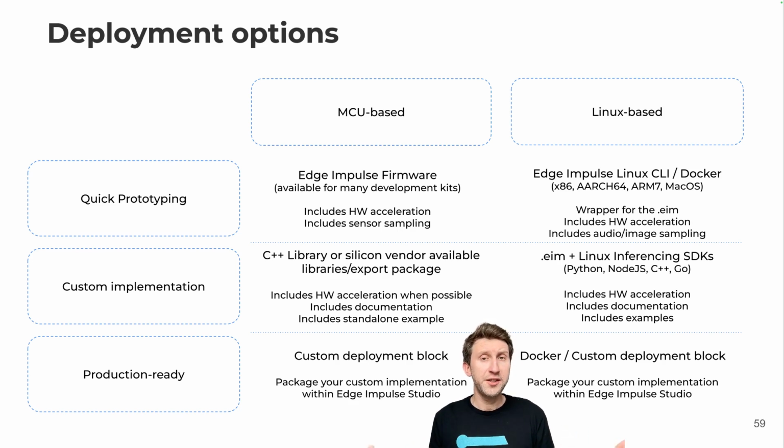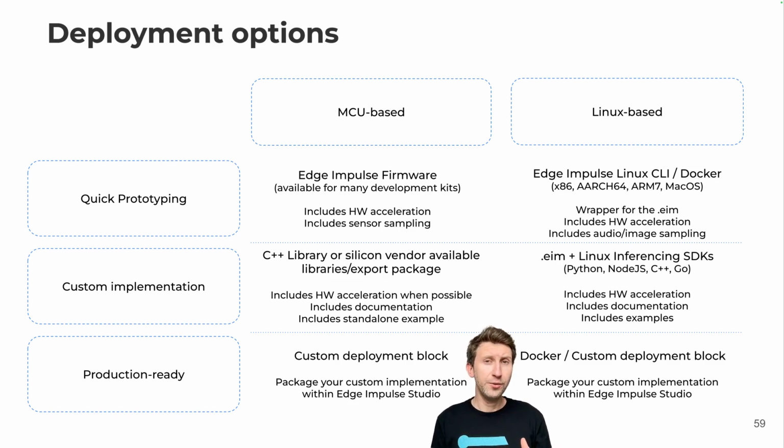One good practice is usually as well to use Docker. In the Docker deployment option, you have a web-based app where you can test your inference as well. This is super easy. Basically, it's a wrapper around our .eim, which is our Edge Impulse model format for Linux. So this is super easy.